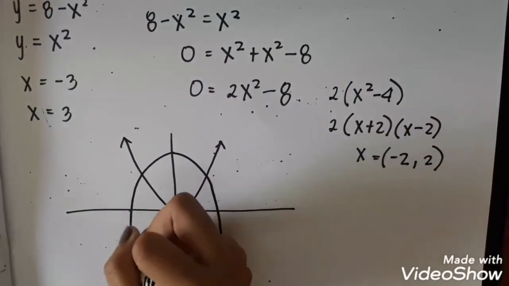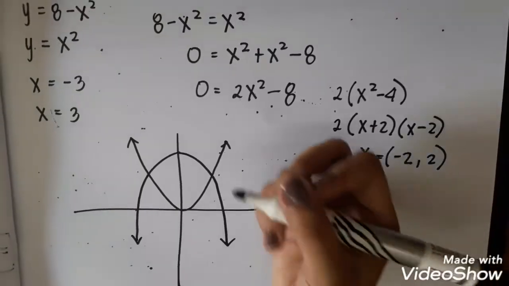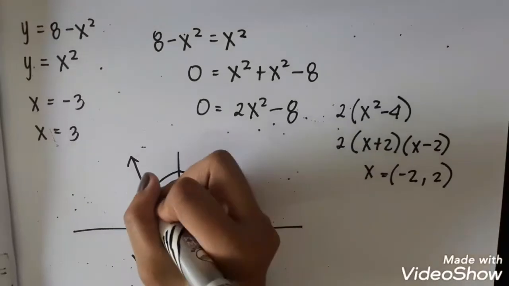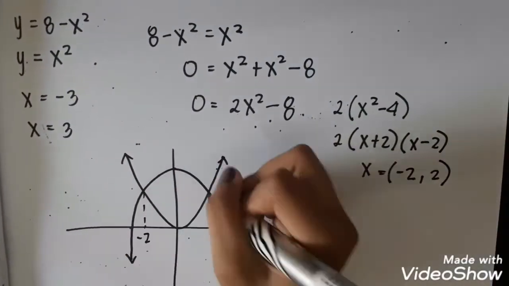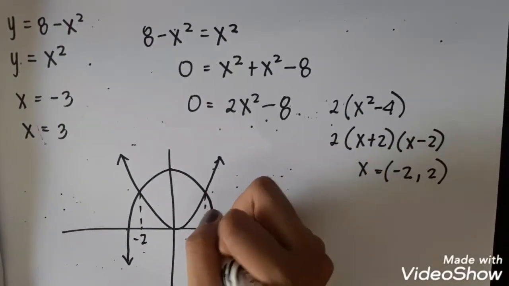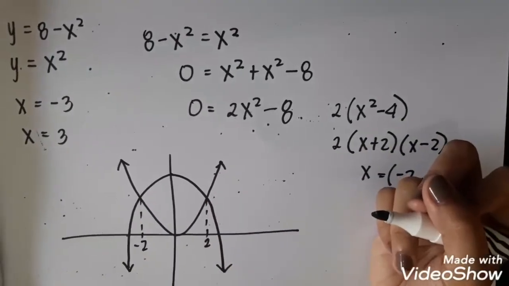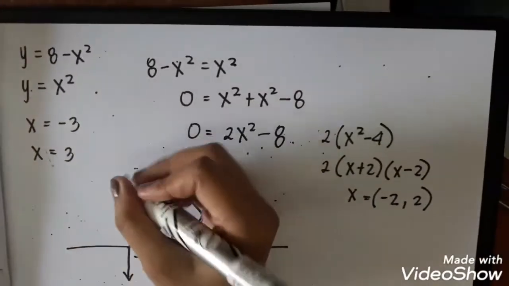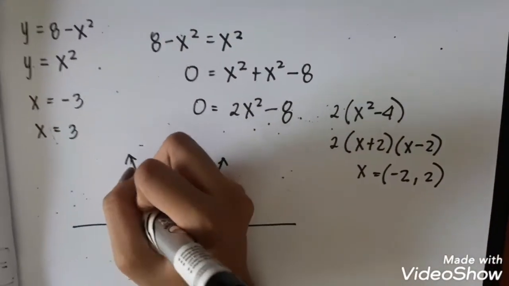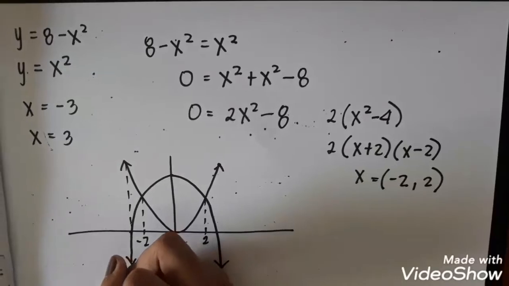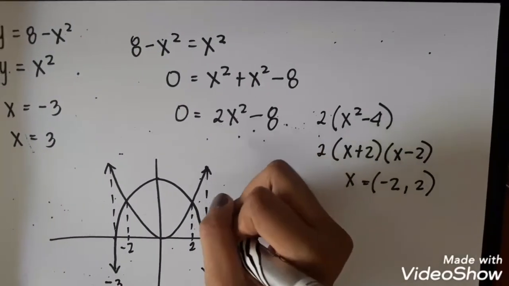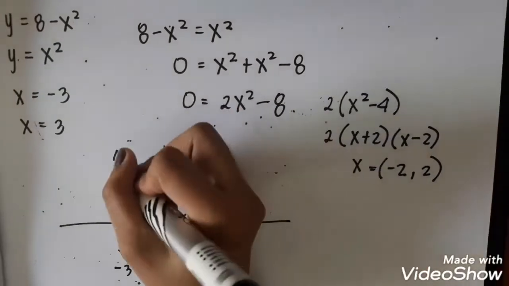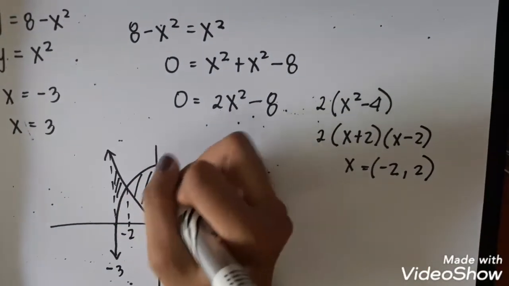It's going downward. And their intersection is at negative 2 and 2. But that's not the only integration we need to solve, because we still have an intersection here at negative 3, and here 3. So we'll find all these 3 areas.